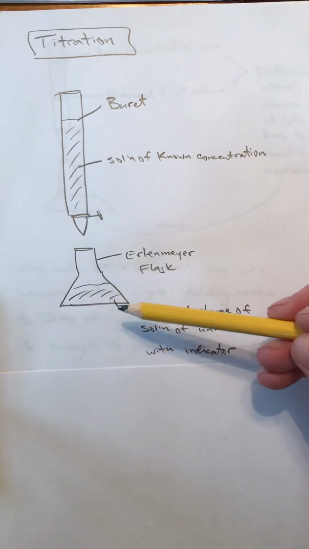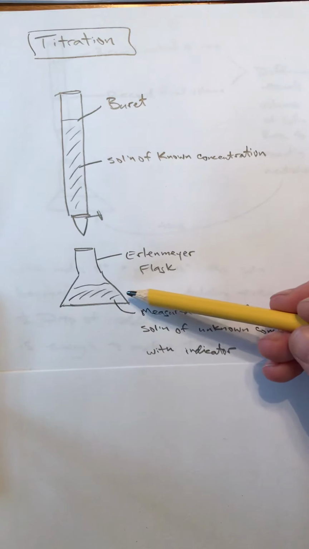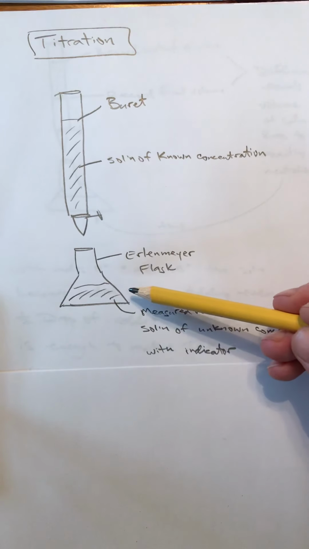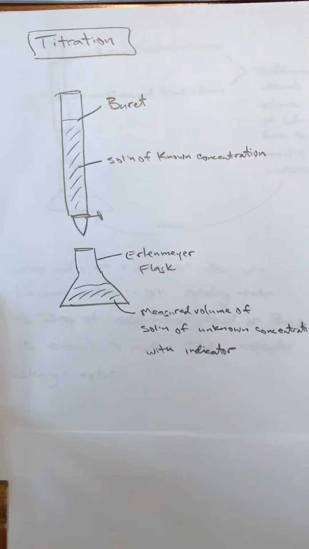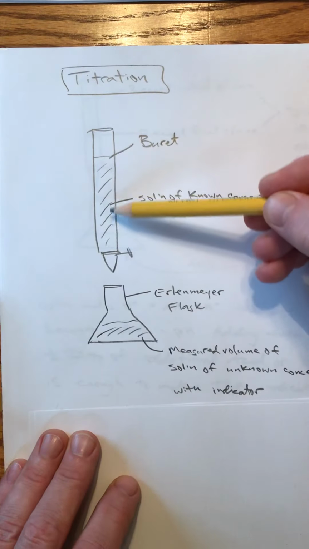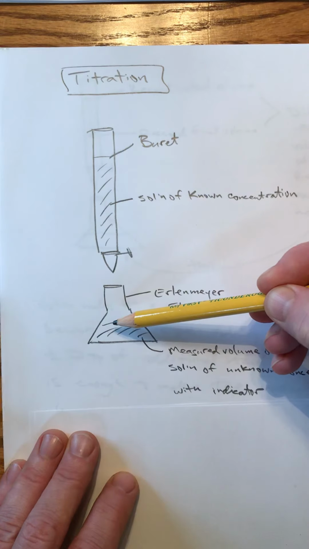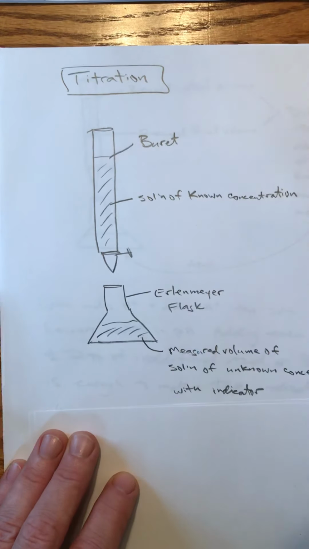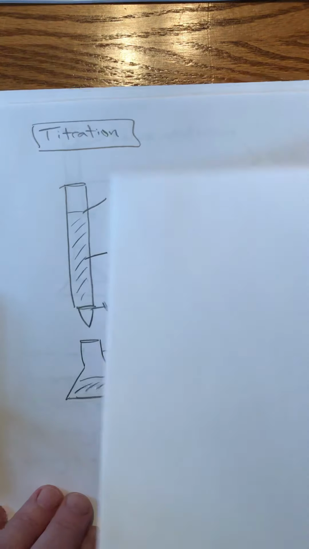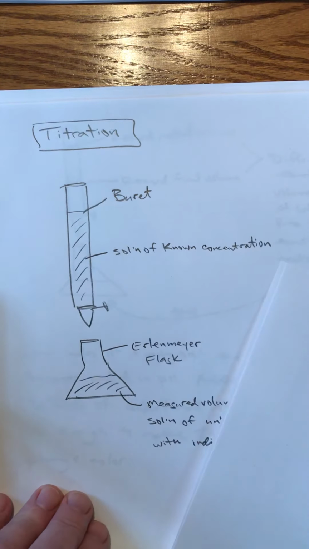You put it in an Erlenmeyer flask, and you can use another burette or a graduated cylinder, whatever you want, but you know the volume and the concentration. You add the unknown solution to the known solution until they're neutral, and then one more drop makes the indicator change color, and you can backtrack and figure out the concentration of the unknown.